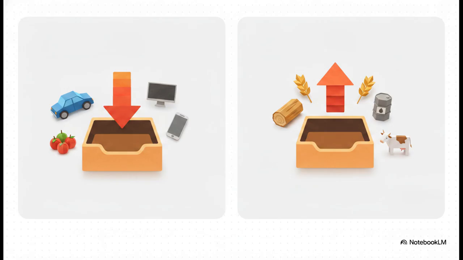We see a really distinct dynamic here. High-tech, manufactured goods like cars and computers flow in as imports, while primary resources like oil, grain, and lumber ship out as exports. Keep this specific exchange, raw materials for manufactured goods, in the back of your mind, because as we travel back in time, this exact pattern was leveraged as a highly calculated tool of empire.